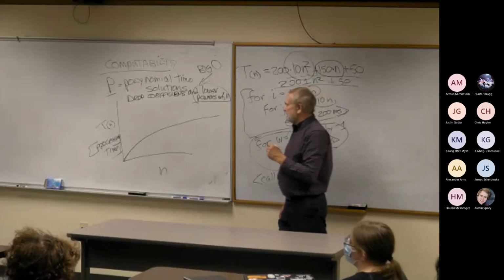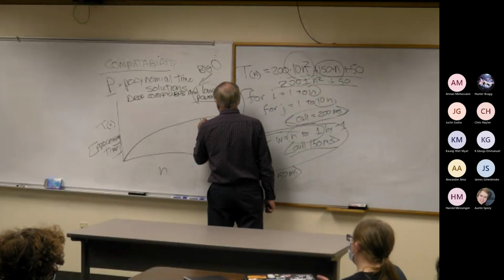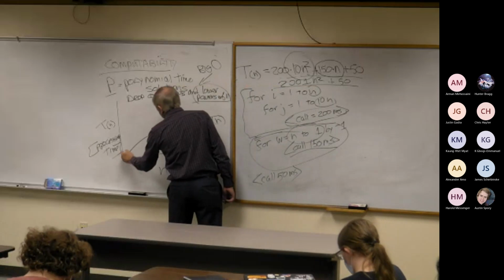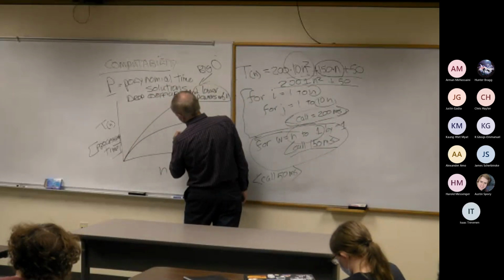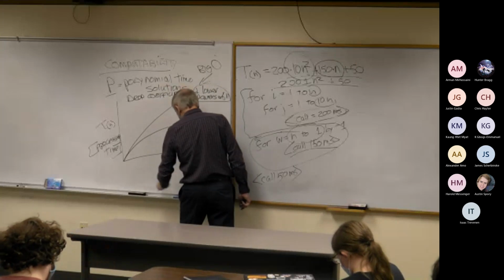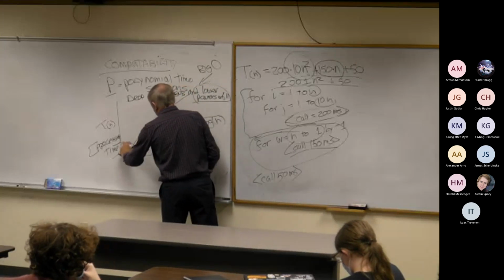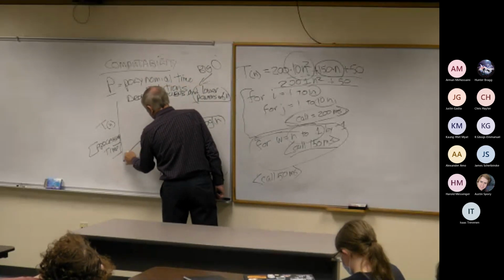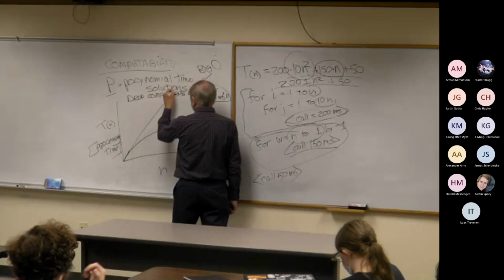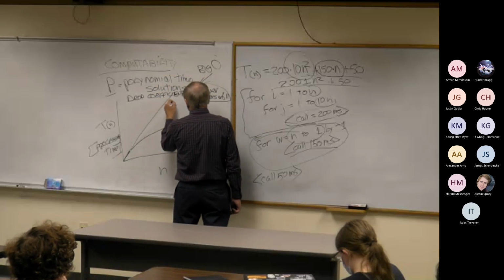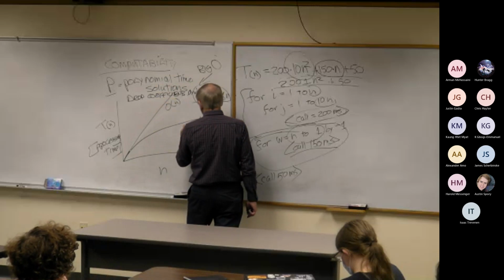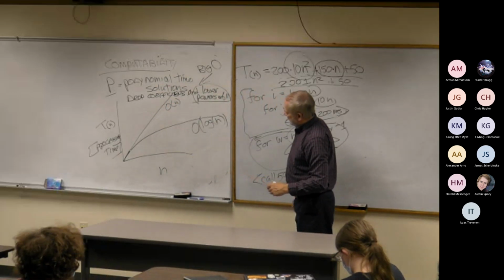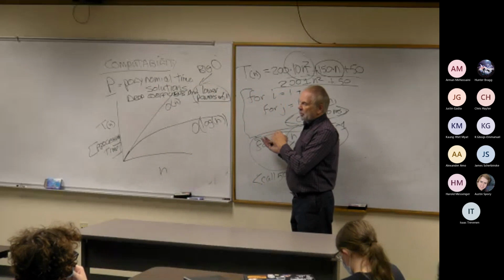Log? Yeah, that's going to be like a log shape, right? Log of n and a linear, so it's supposed to be linear. Okay, more linear. This is okay, log n. But what we're trying to do is recognize the overall shape of the curve, right?